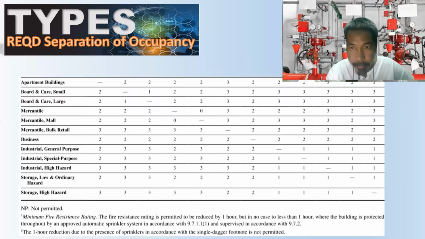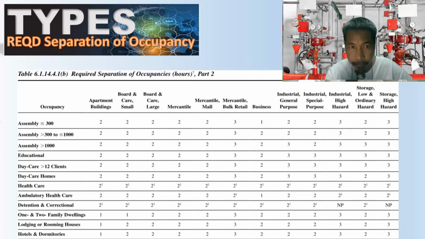So next, the rest of the table number 2. For example, business and the healthcare. This is in healthcare. Here's the business.